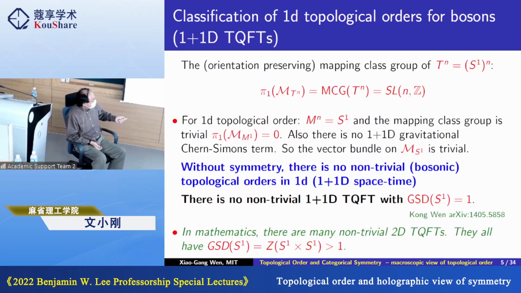I think these TQFTs are studied as mathematical objects. From a physical point of view, a 1+1 dimensional TQFT is unstable. It has a degenerate ground state on the circle, but this degeneracy is not topologically protected and can be split by perturbation.